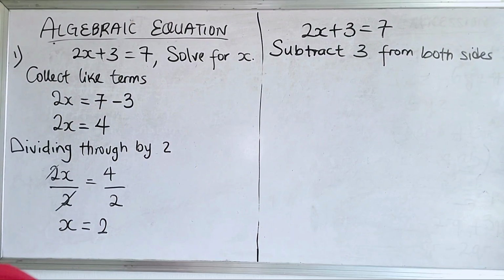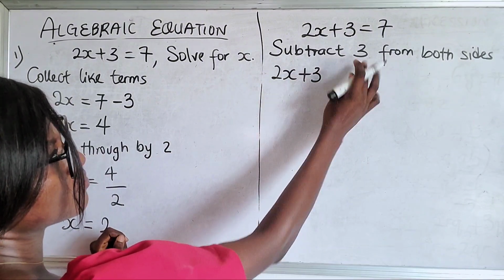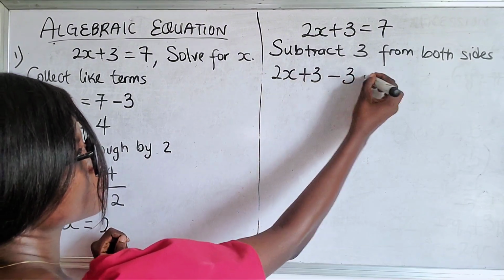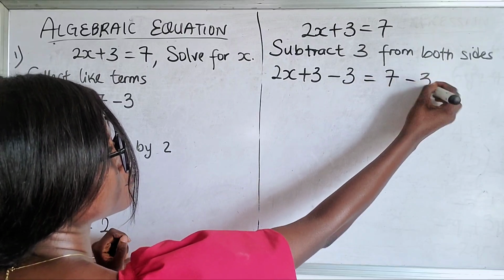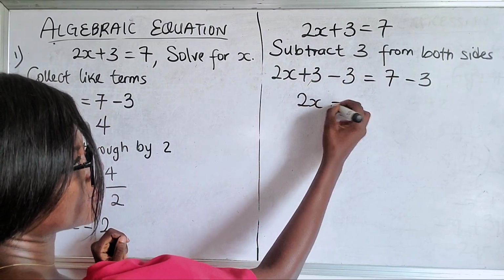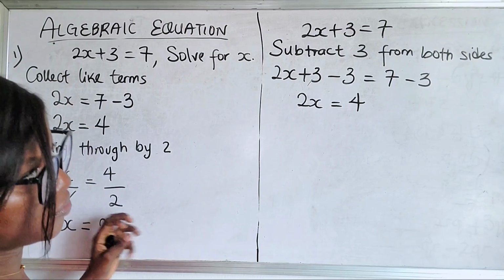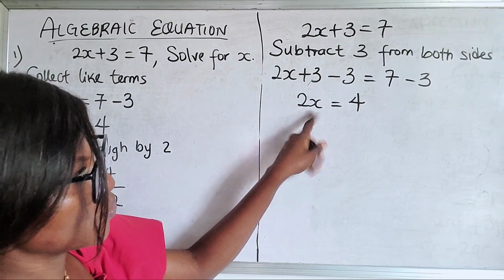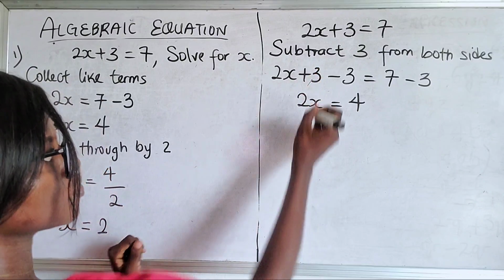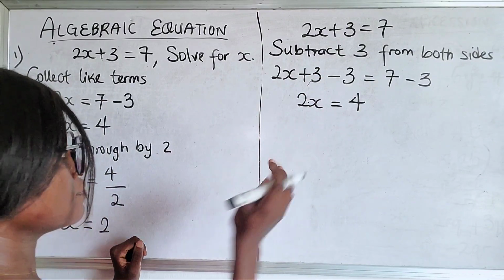Don't worry about it. So we have 2x plus 3. Remember we said we'll subtract 3 from both sides. So 3 minus 3 is 0, and you have 2x equals 4. From here, you're supposed to divide through by 2 because there's a multiplication here, so you do the opposite, which is divide through.